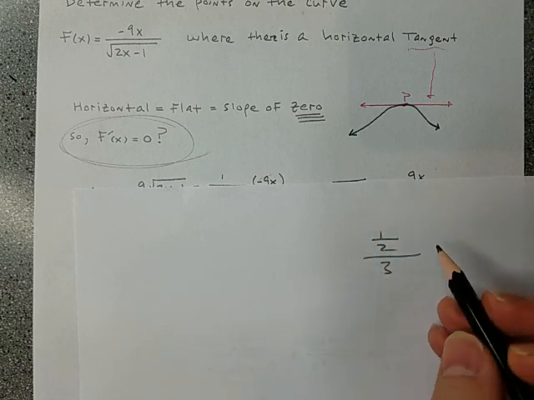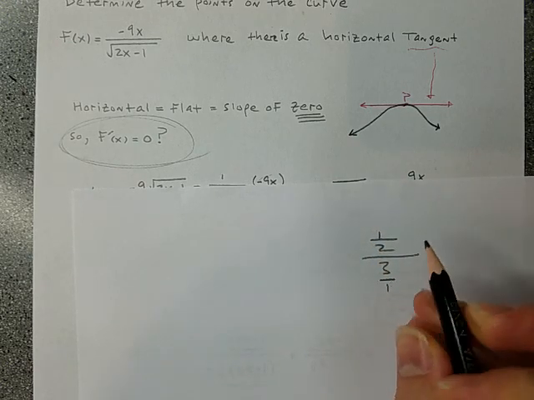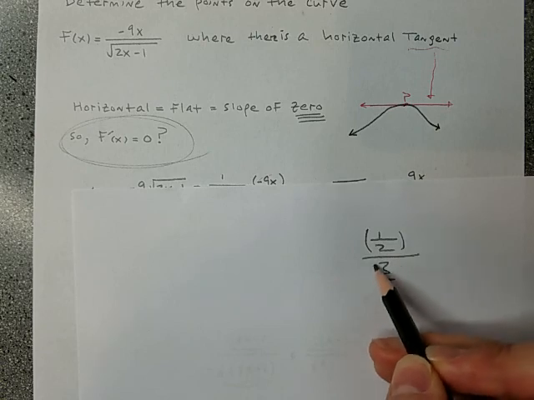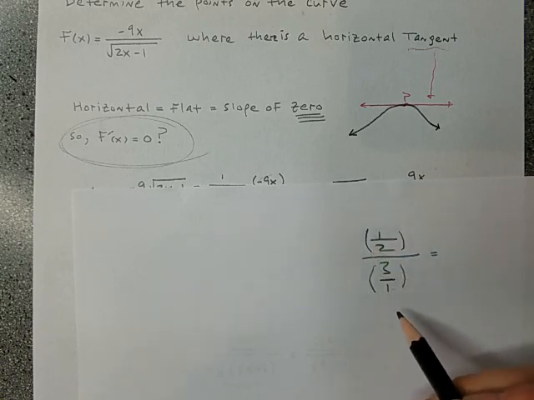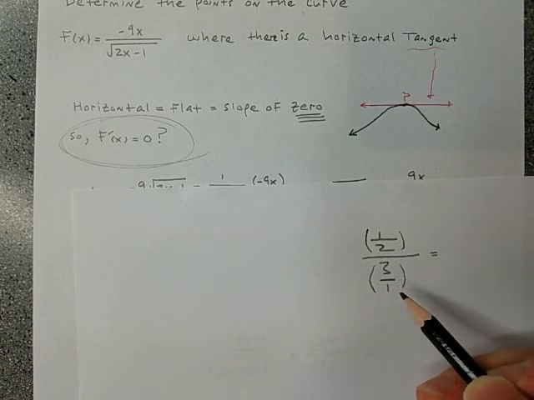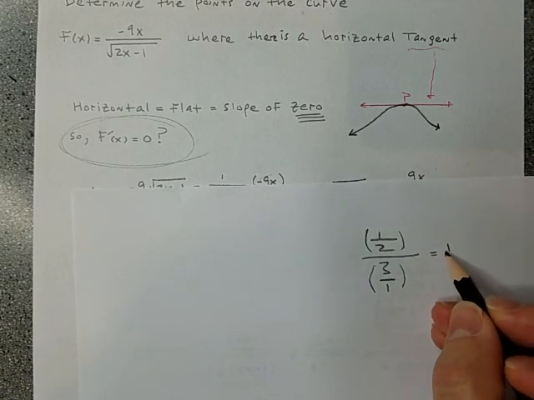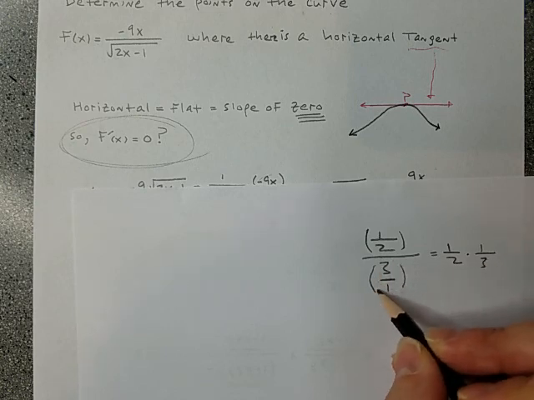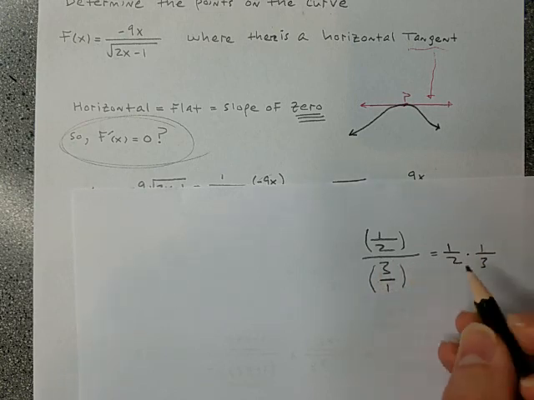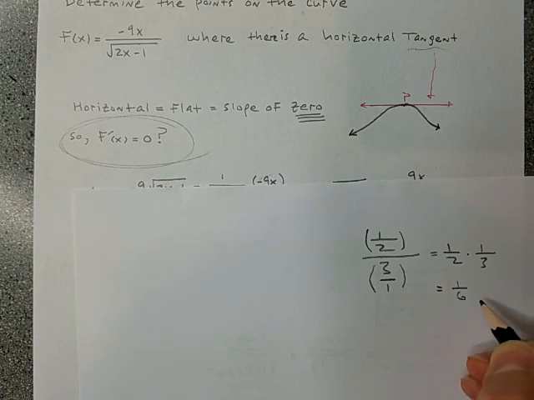I need to see it like it's 1/2 divided by 3 over 1, and the process for dividing one fraction by another, where 3 really is a fraction, 3 over 1, is 1/2 times 1/3. I divide by multiplying by the reciprocal. So yes, it is 1 over 6, okay?